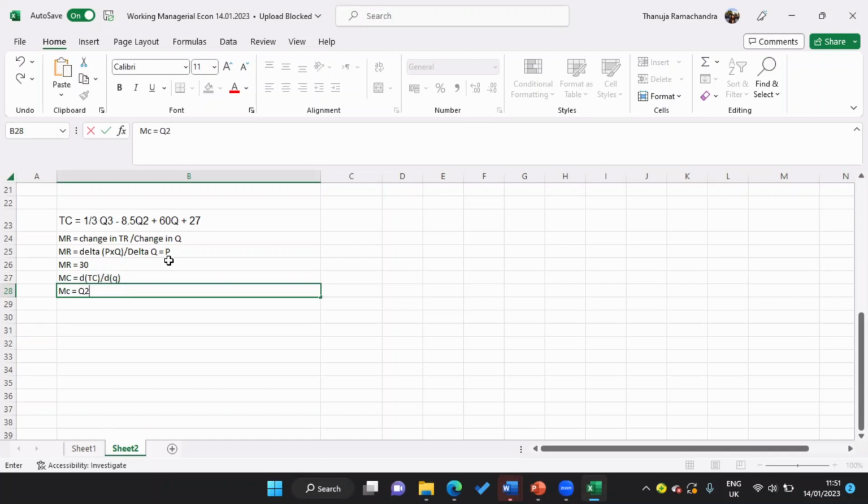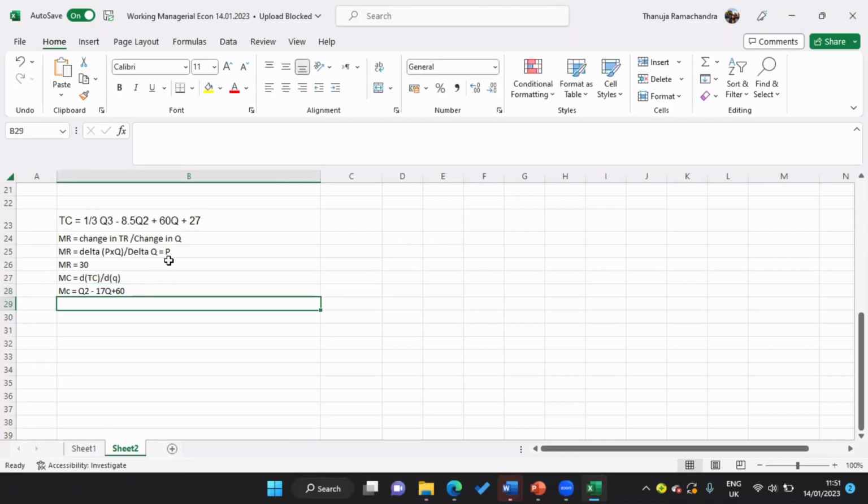So it's Q squared minus 8.5 Q squared, so 8.5 into 2 is 17Q, plus 60. Yes, 60.